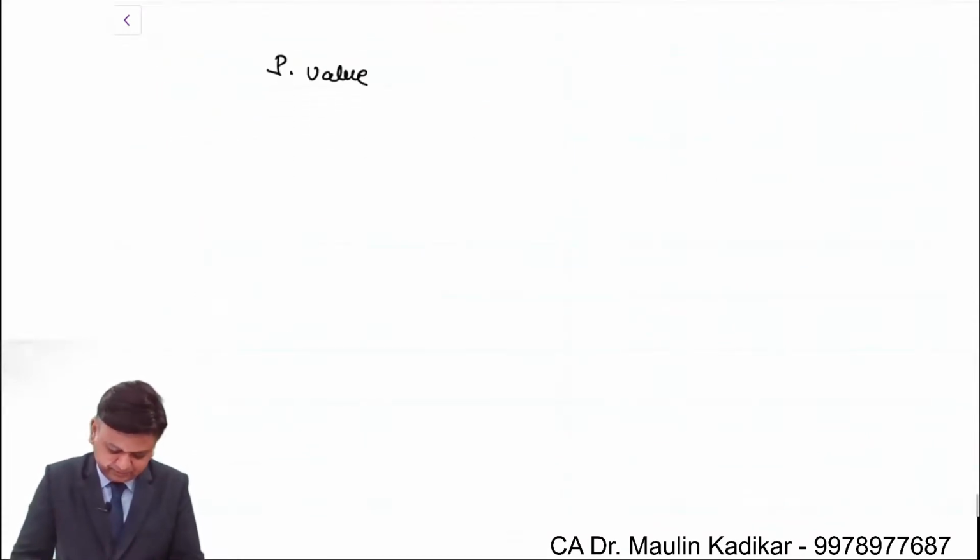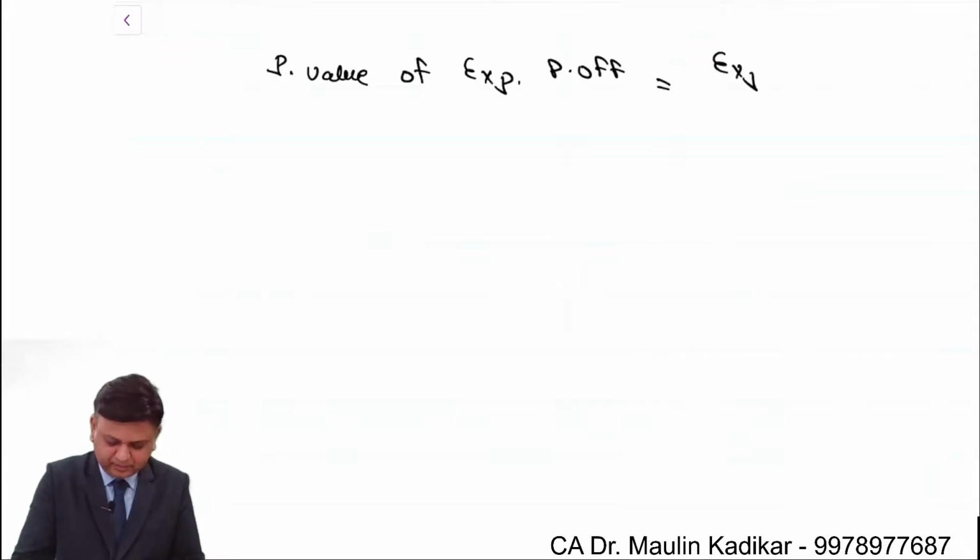Write an answer. Present value of expected payoff is expected payoff divided by 1 plus k.